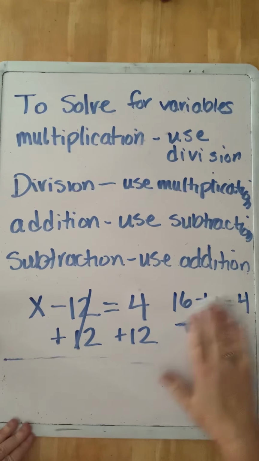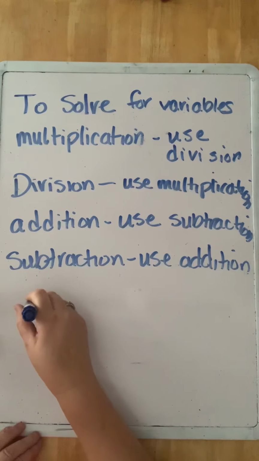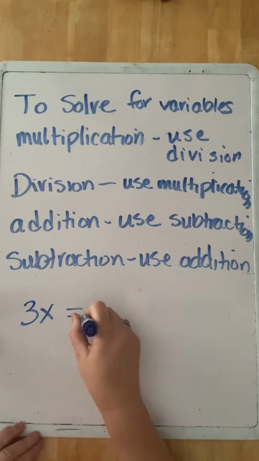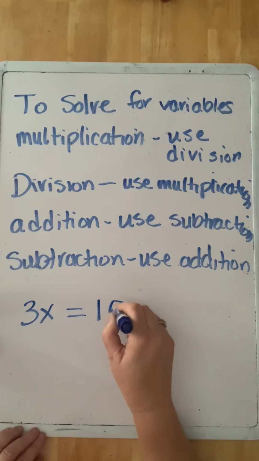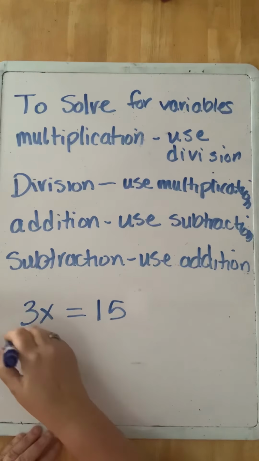Okay, next let's look at multiplication and division. Okay, so 3x equals 15. 3 times x equals 15. This is multiplication. I need to find the identity property of multiplication.